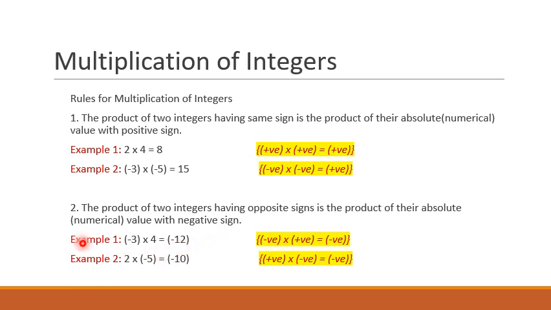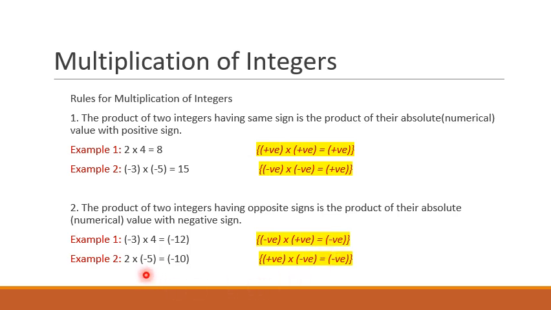So let's see it with the help of example. Here minus 3 multiplied by plus 4. So the signs of two integers are opposite. One is negative, other is positive. Multiply their numerical value. So 3 4s are 12 and the answer will be negative. So negative multiplied by a positive gives me negative integer.